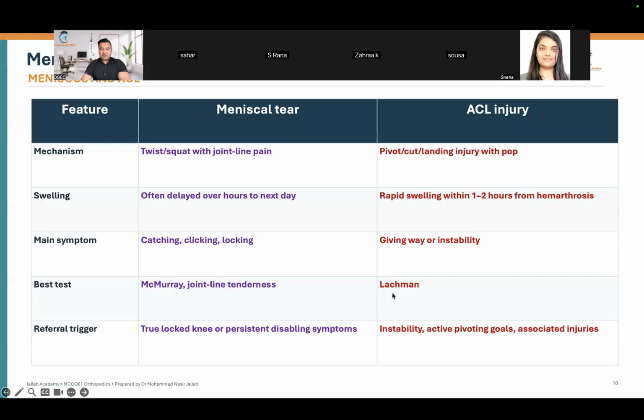For the anterior cruciate ligament, you have 2 tests, but the most sensitive and specific test is the Lachman test. So you have the anterior drawer test. Again, it's very hard to show you without having somebody as a standardized patient.